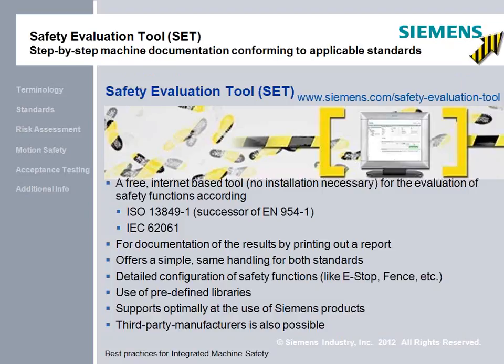It is TÜV certified for use within the European Union and also internationally. You use this tool, as I said, to quantify or mathematically calculate your safety system probability of dangerous failure, which is a requirement if you're complying with a few of the standards I just mentioned, 13849, 62061, etc.